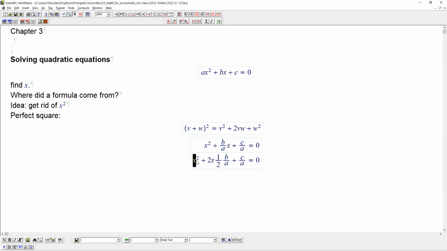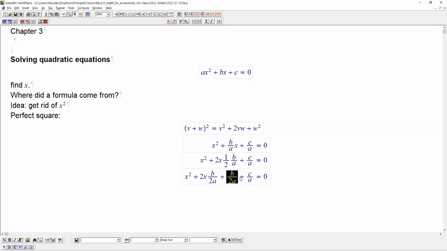We have x squared plus 2x, which is this, times, so this would be our w here simply. All right. So then, to have a perfect square, let's put just the 2 at the bottom there. So this is our w.